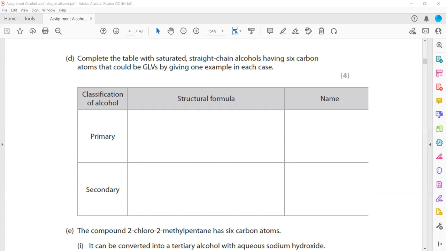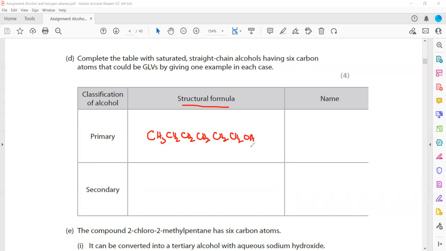So we just have to draw an alcohol with 6 carbon atoms that is primary, as a structural formula. In a structural formula, we just represent how the carbon and hydrogen atoms are there. So it will be CH3, CH2, CH2, CH2, CH2, CH2, OH.